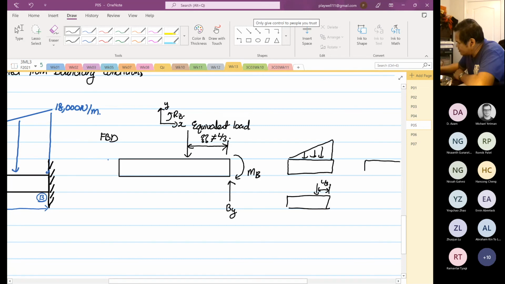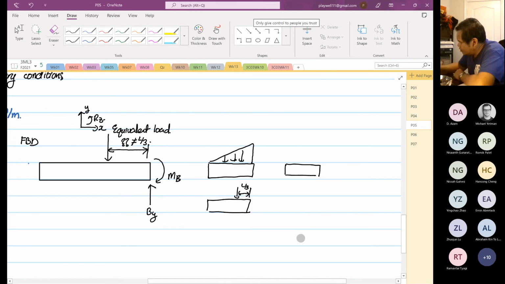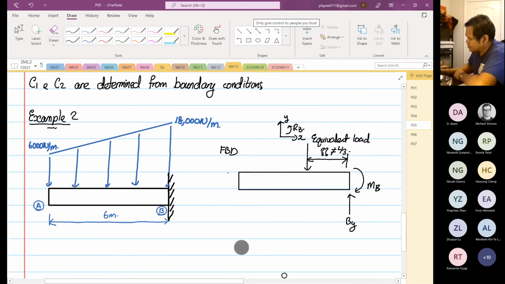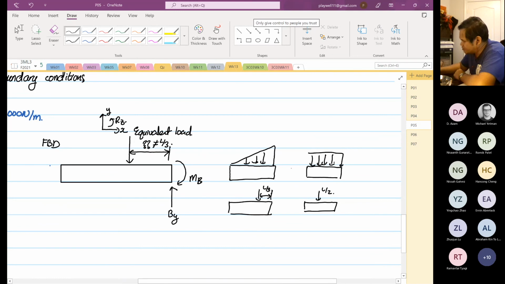Or if it is a rectangular load or constant evenly distributed, we know that this is L over 2. But for this case, it's not. It's not a triangle, nor is it a combination of both. Okay. So that's why there's another technique. It's called superpositioning. You isolate the triangle and you isolate the evenly distributed load, and you just add them.